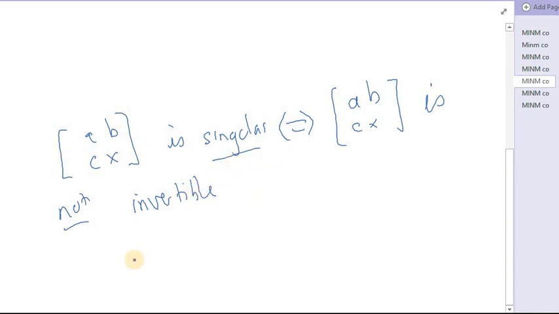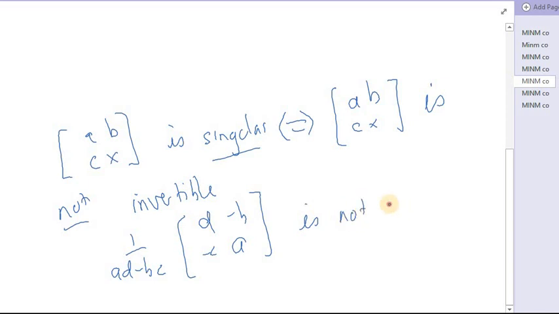That means that 1 over, remember this formula, minus BC times DA minus B minus C is not defined. Okay, because if I can define these expressions, then I have an inverse for this.